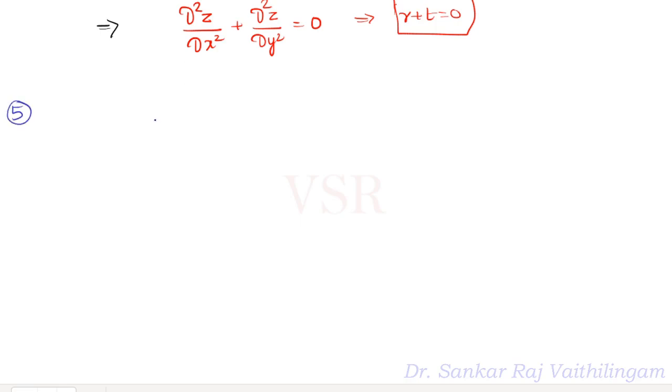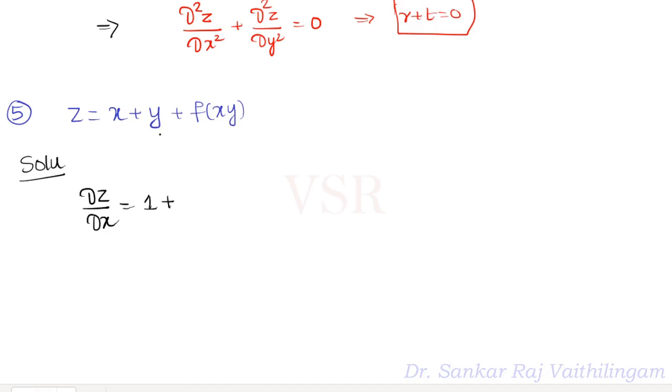Solve this equation, that is z is equal to x plus y plus function of xy. What is the solution? வந்து என்னது அப்படினா, that is differentiate this with respect to x. அப்போ dou z divided by dou x which is equal to 1 plus இது 0, இங்க என்ன கிடைக்கும்?